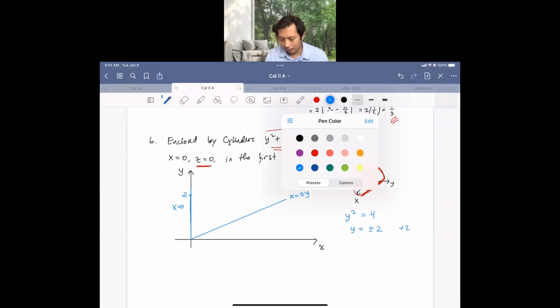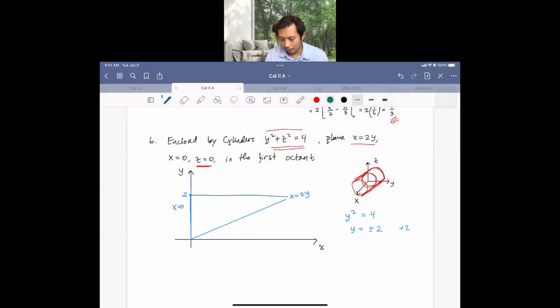So I will take the line, maybe make it a little bit longer. Okay, that's y equal 2. So if we would like to take the region, the area that is the first octant, this will be the area. Okay.